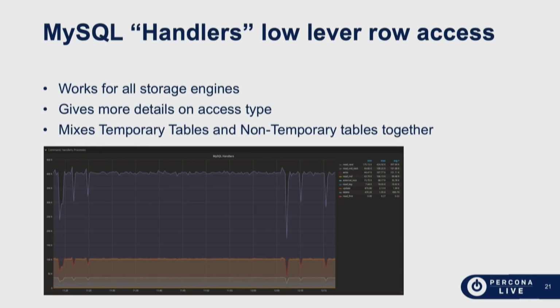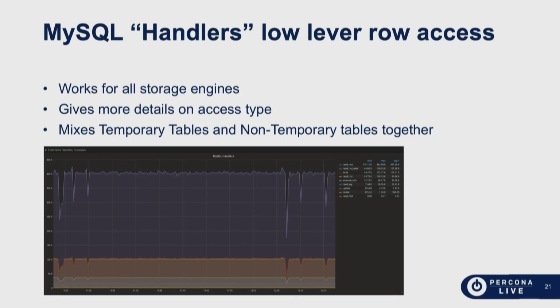Now, another data that MySQL exposes is called the handlers. Handlers correspond to some low-level storage engine primitives, which are called. The good thing about those handlers is that they work for all storage engines.